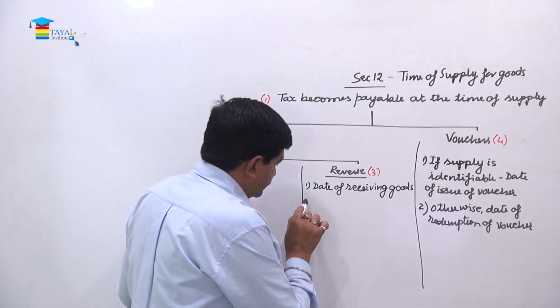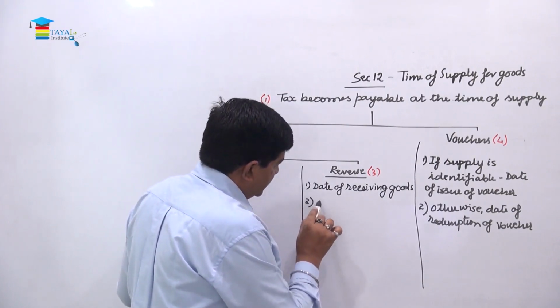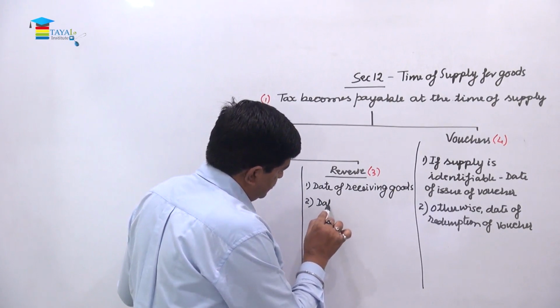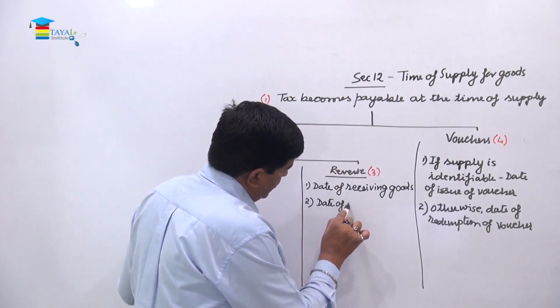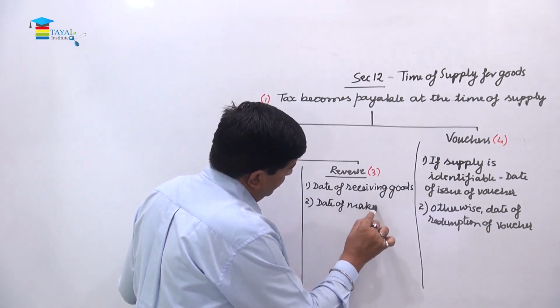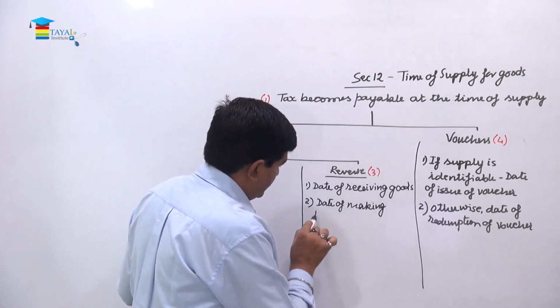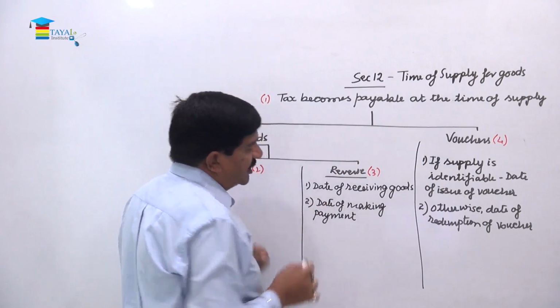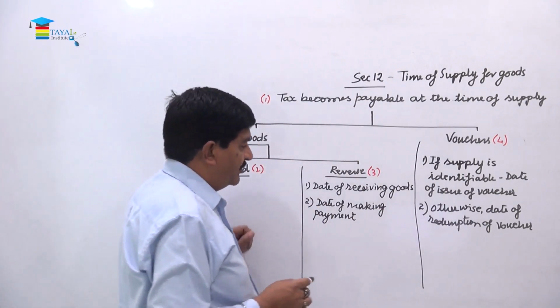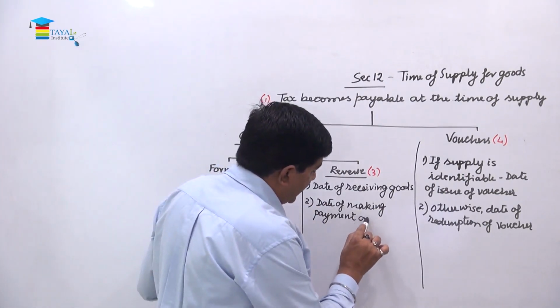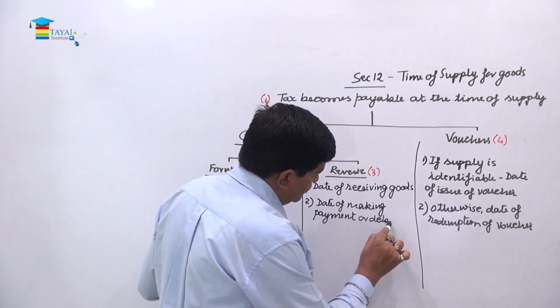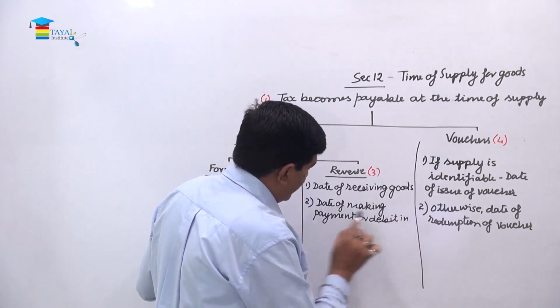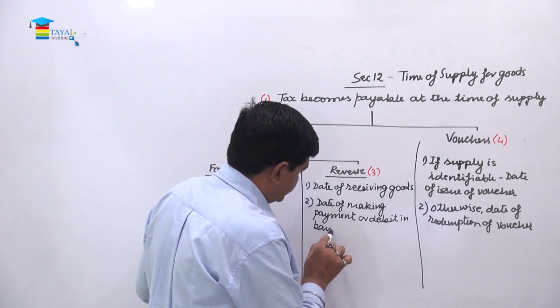Number 2, date of making payment, date of making payment, right? Or debit in bank account, debit in bank account.